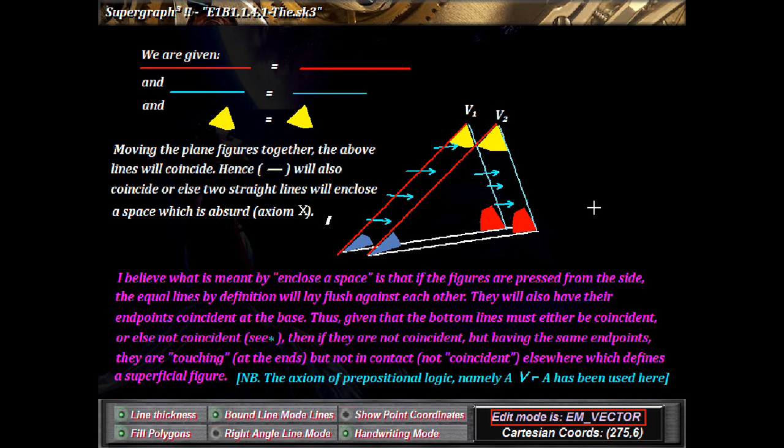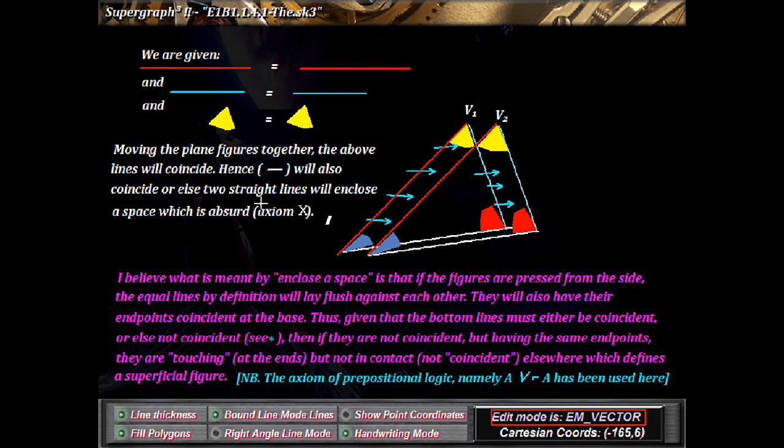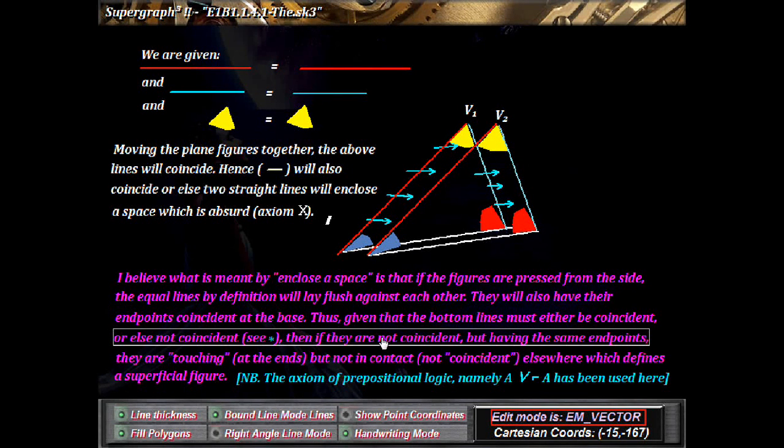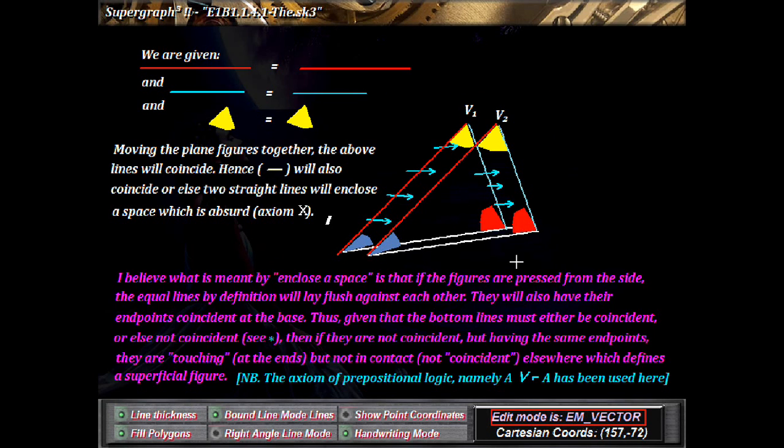This is my attempt at trying to pull apart the wording and make explicit what is meant by coincide as well as enclose a space.